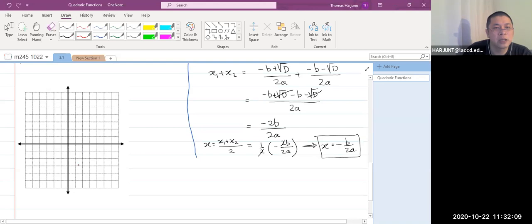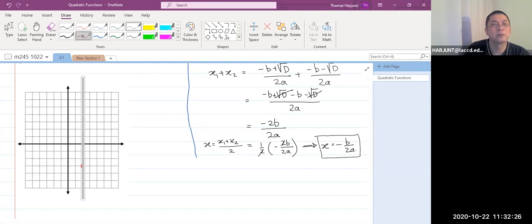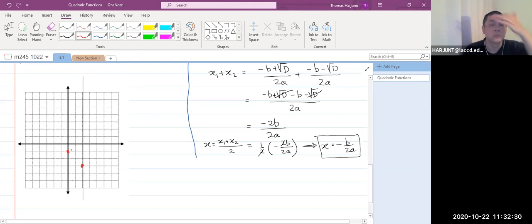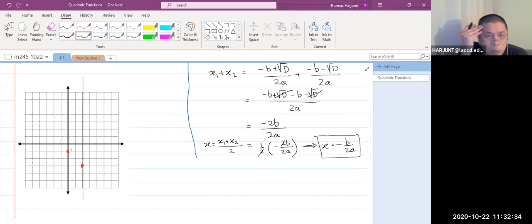My vertex is 2 comma negative 3. That's my vertex. My axis of symmetry is x equals 2. My y-intercept is 0 comma negative 1. Now I need you to get me more coordinates, whatever coordinates of this function fit into this graph.